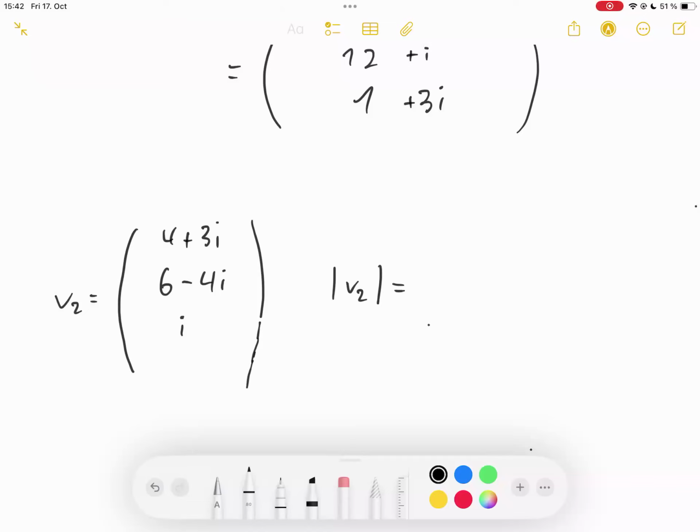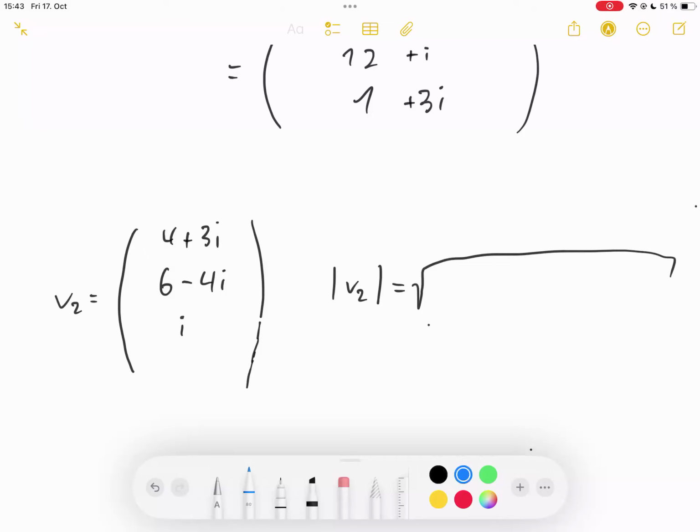I want to know from you what's the length of this vector. I will already tell you the intermediary steps.